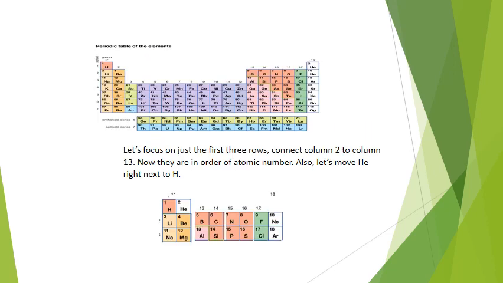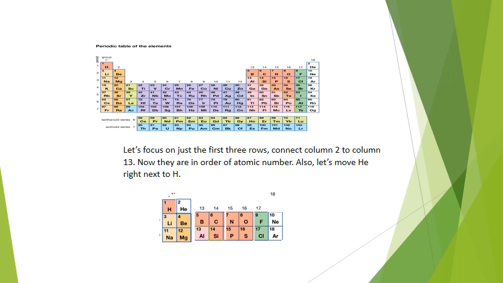All right, and the way I'm going to develop this is by, first of all, looking at the periodic table. So this periodic table has 118 elements. And what we're going to do is just focus on the first 3 rows. So we're going to chop off anything below energy level 3, so all of this.